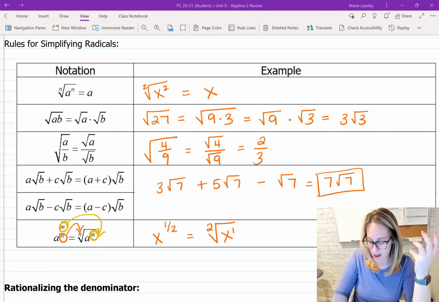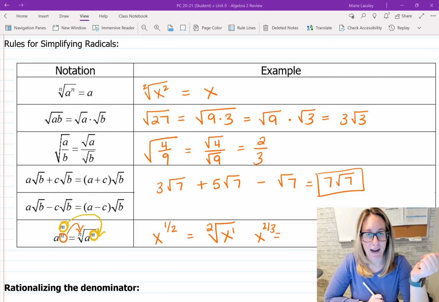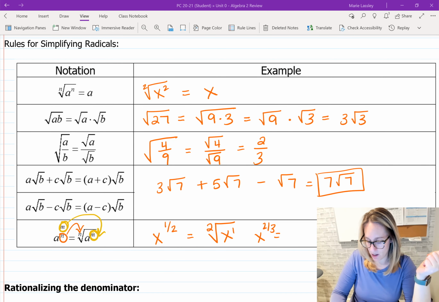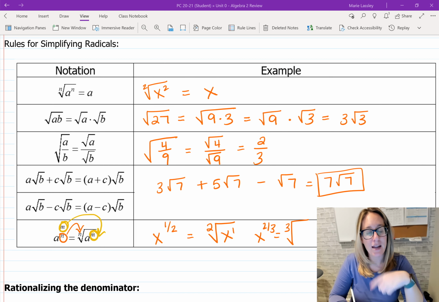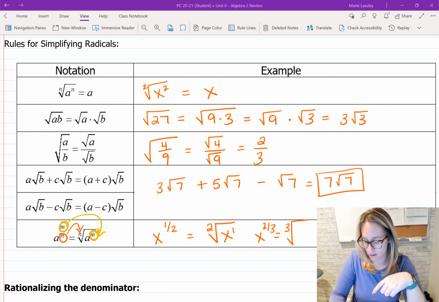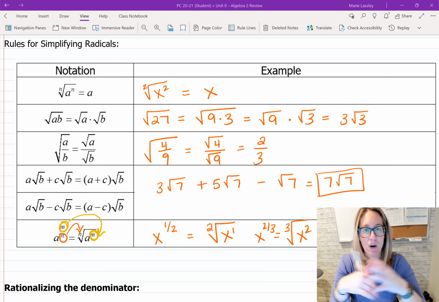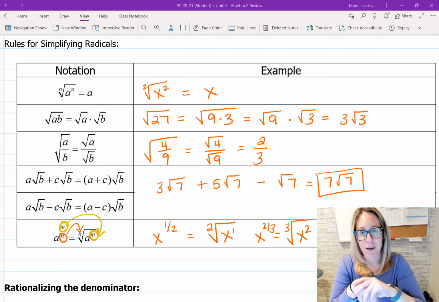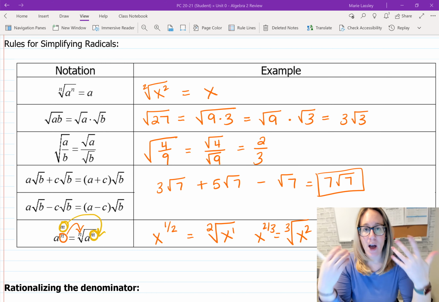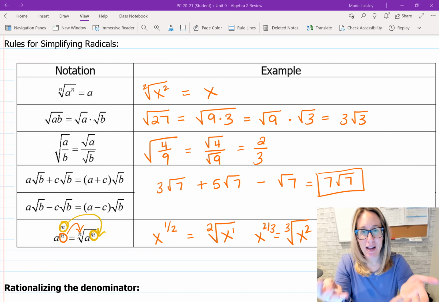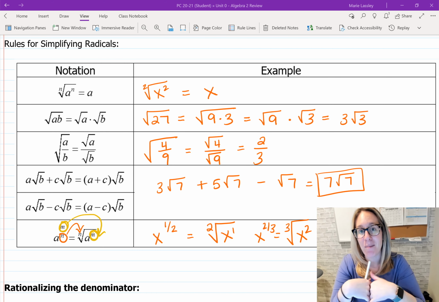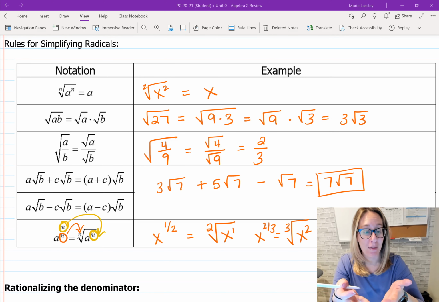If you had x to the power of 2/3, that would be the cube root. The 3 is what's going to go on the outside of x squared. We'll talk about it more. This comes up a lot when we do our exponential and logarithm unit. But if you see that you have a fraction as an exponent, it does mean that you have some kind of radical in your problem.